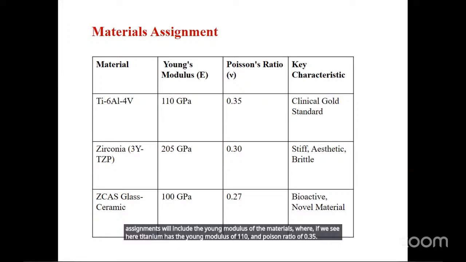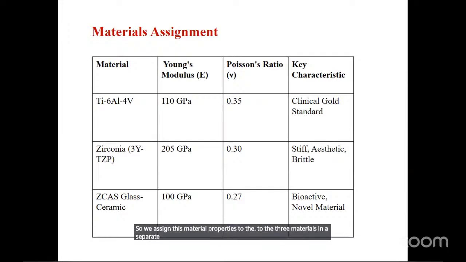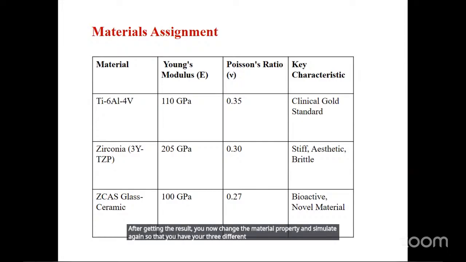So we assign these material properties to the three materials in separate simulations, or sometimes you can do the simulation at the same time. After getting the result, you now change the material property and simulate again, so that you have your three different comparative studies. Let's move on.